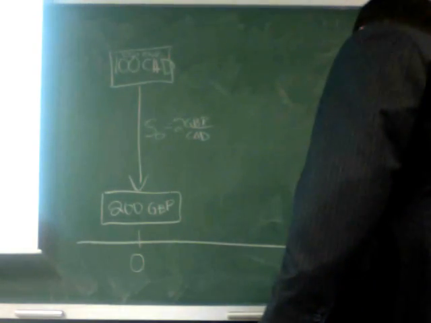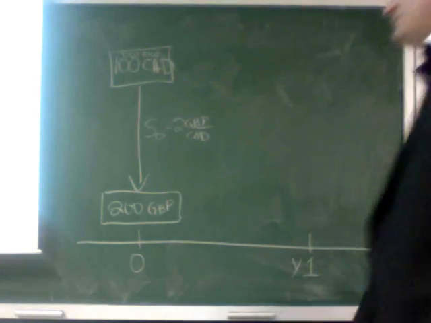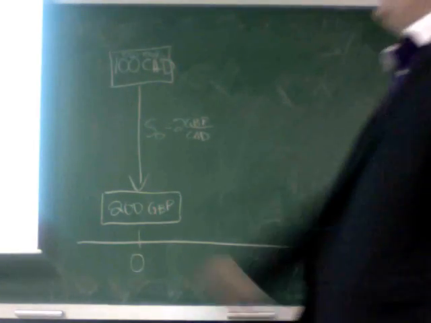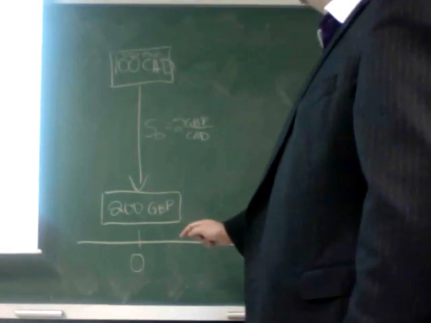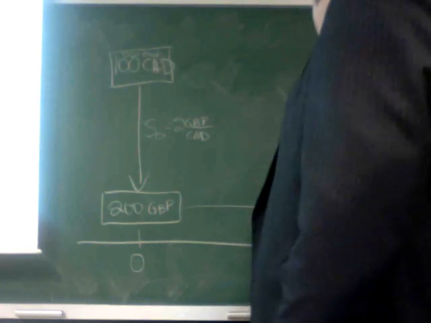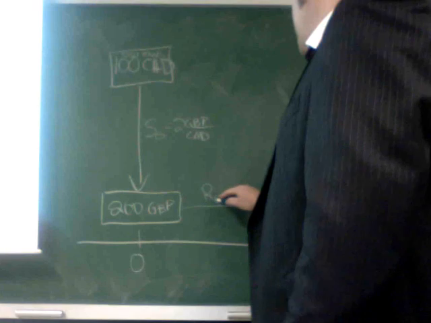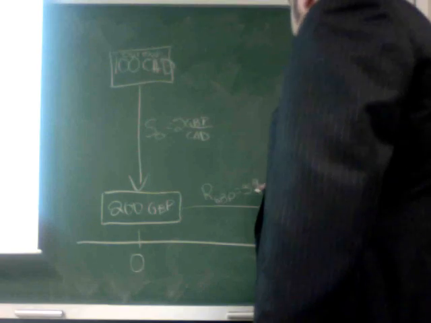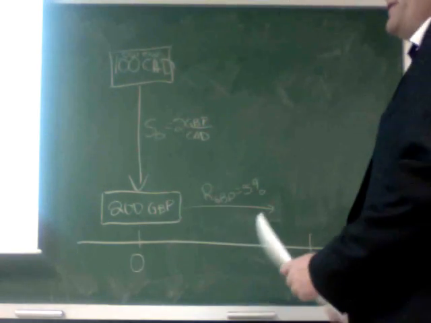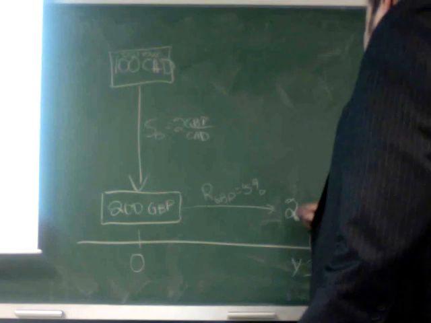If you look at the time scale, this is today, and this is a year from now. Then you invest. Sorry, I didn't fix it, that should have been R_GBP. So you invest at R_GBP, which is 5%. So at the end of that year, you're left with 210 pounds.